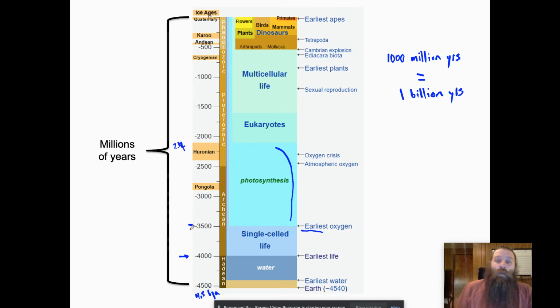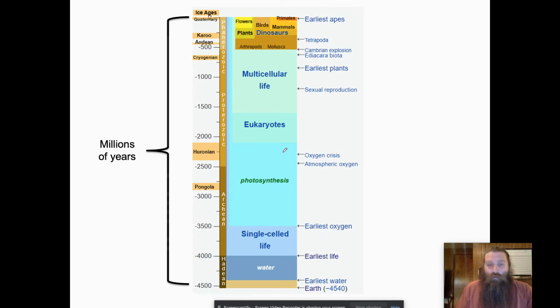Makes sense. At some point in this time, we have what's called the oxygen crisis, where there was so much oxygen in the atmosphere, it started to poison the anaerobes, and they start to just die off. At about, we'll say, 2.2 to 2.4 billion years ago, somewhere in here, if we're just looking at that line, our eukaryotes develop.